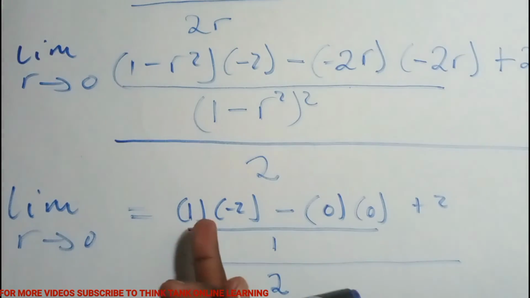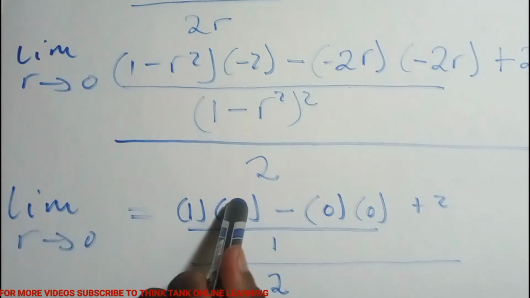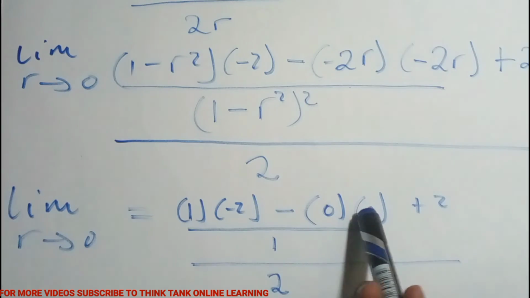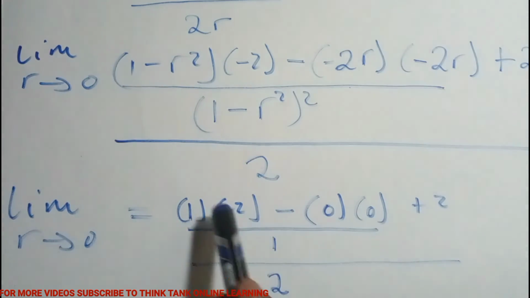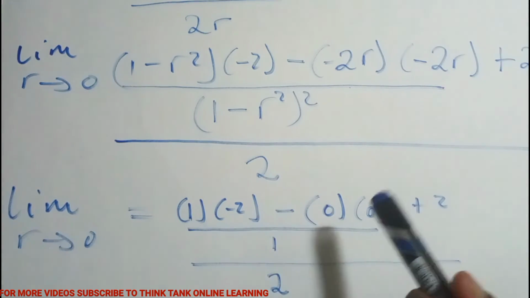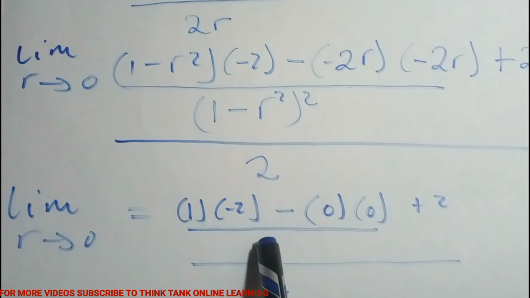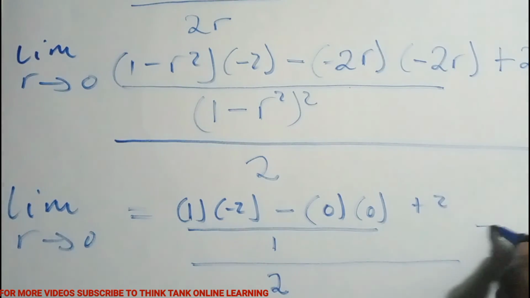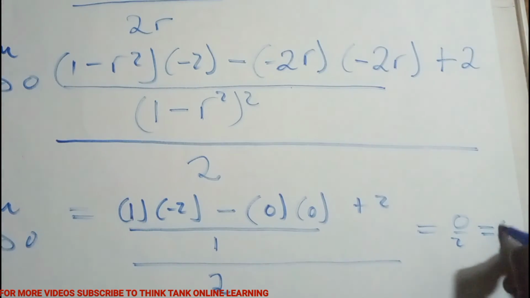So we get negative 2 minus 0, which is negative 2 divided by 1, negative 2 plus 2, and we get 0. Zero divided by 1 is 0, so we're left with 0 on top over 2, which means the limit as (x,y) approaches (0,0) is equal to 0.